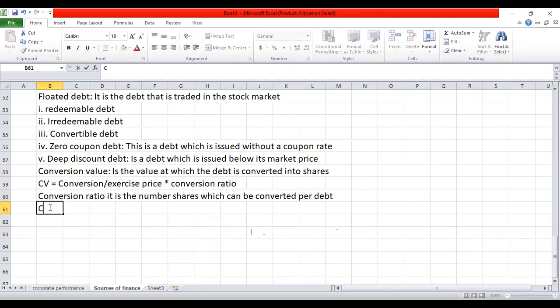Then another thing we can talk about is what we call the conversion premium.